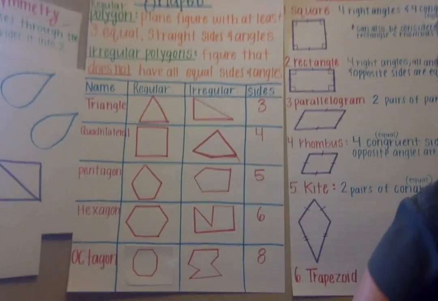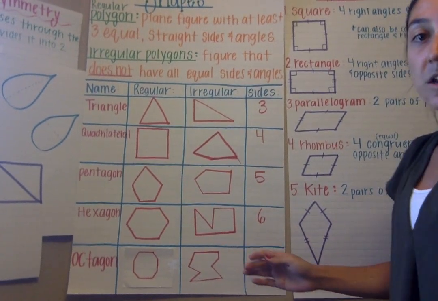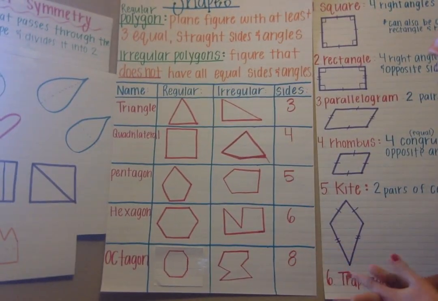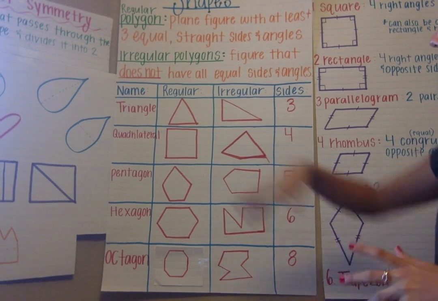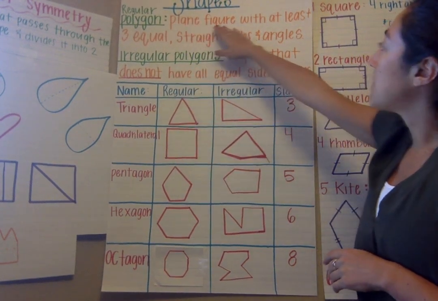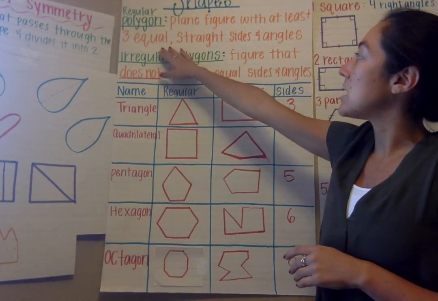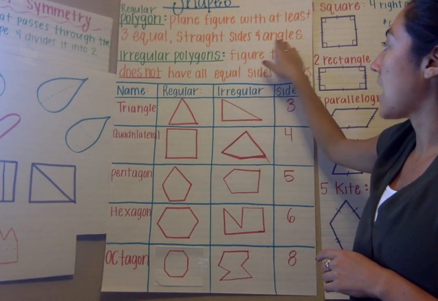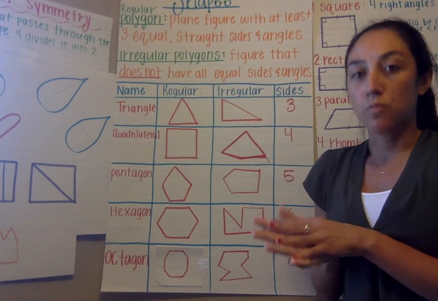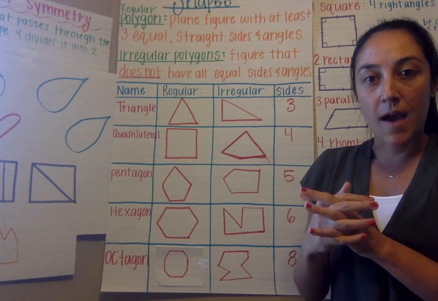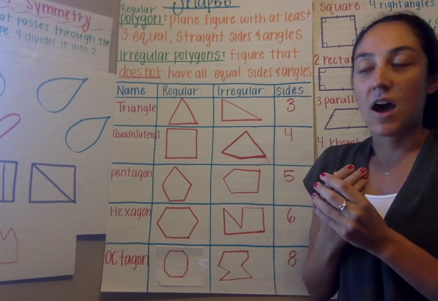Okay, so the difference between a regular polygon and an irregular polygon is that regular polygons are plane figures with at least 3 equal straight sides and angles. So the word regular, we're going to remember that by just saying equal.